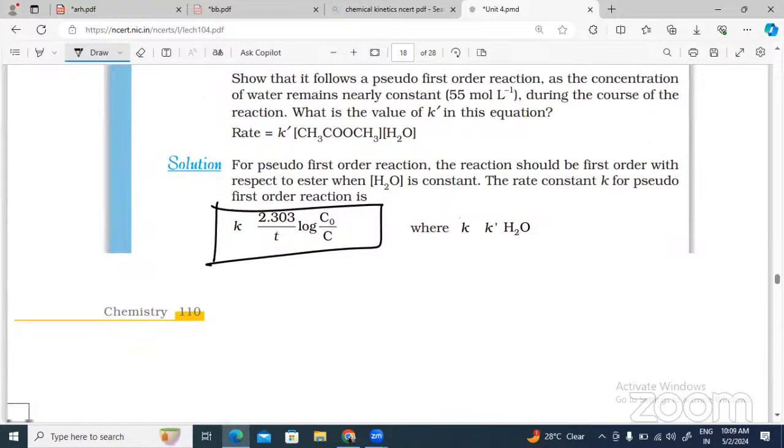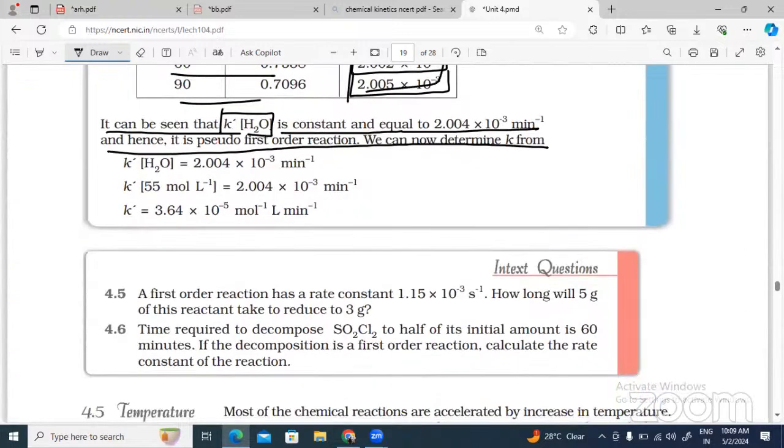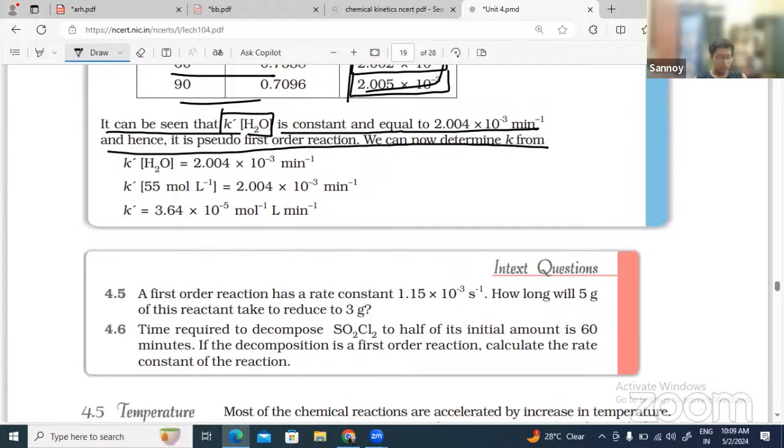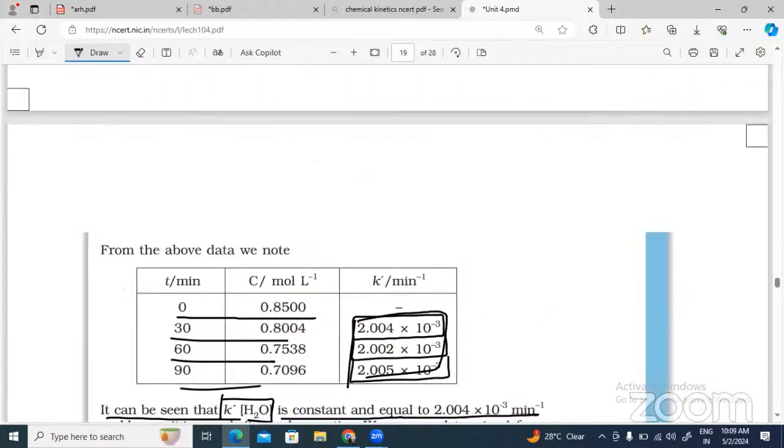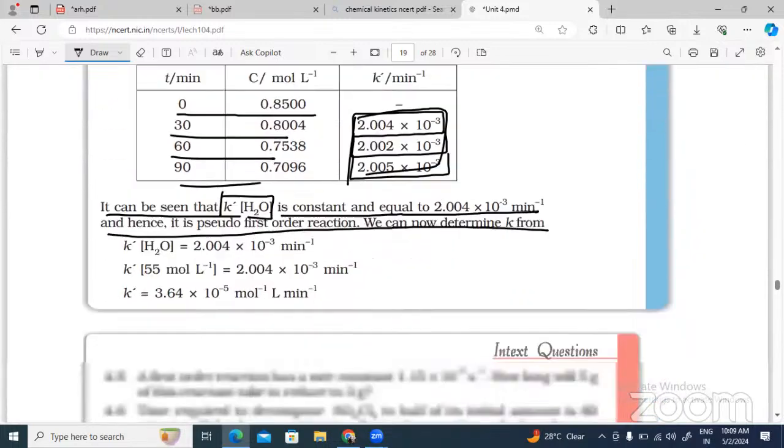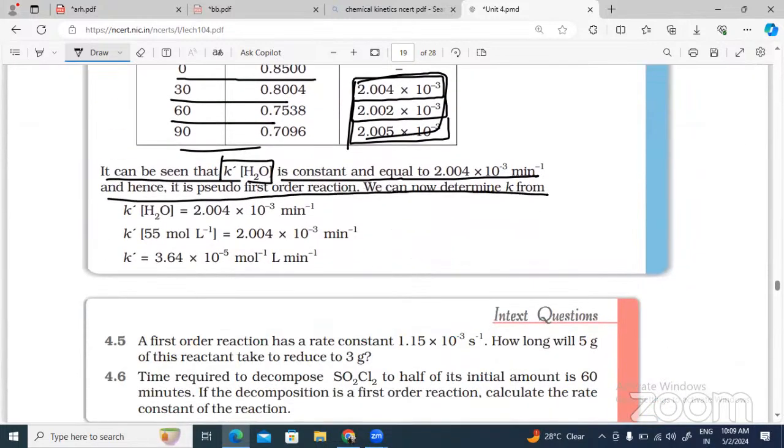This is the solution. K[H2O] is 2 point something, this one. K dash is not required. This is the constant I am saying.